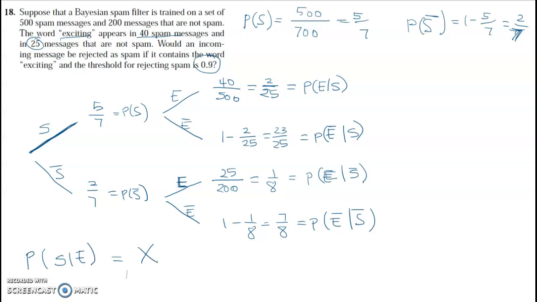If it does not exceed 0.9, that could be interpreted as the message containing the word exciting is not rejected as spam. And if this value x does exceed 0.9, if that number is bigger than 0.9, that could be interpreted as messages containing the word exciting is rejected as spam.